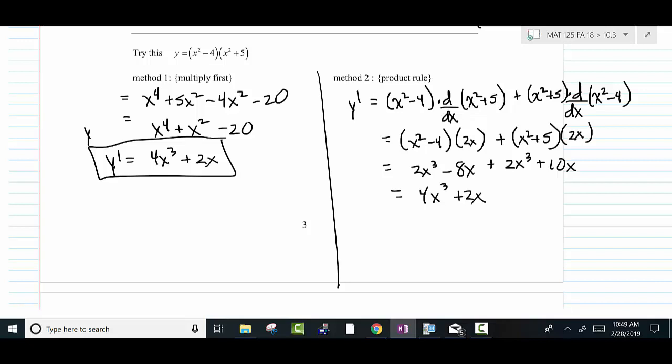I think you made a mistake, right? Oh yeah, that's this derivative here. What's the derivative of x squared? 2x. There's no 1. Okay.